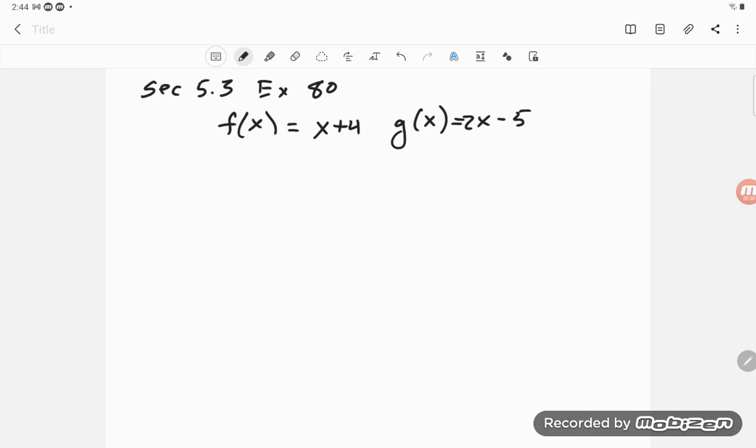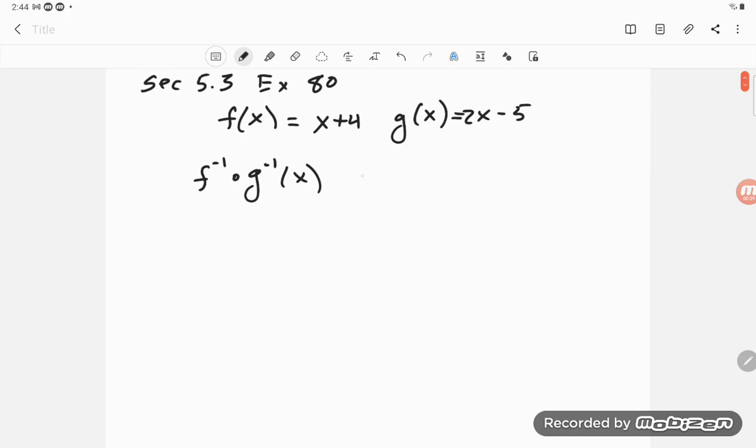And they would like us to find f inverse of g inverse of x.